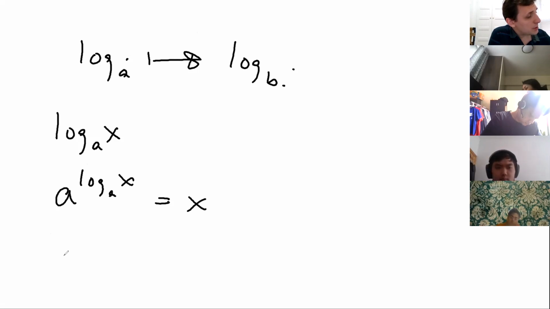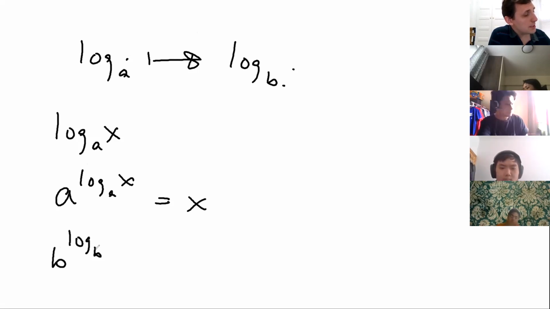I can write, for instance, that a is equal to b to the power of log base b of a.